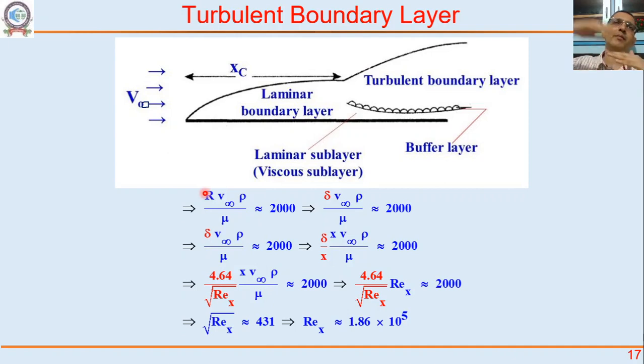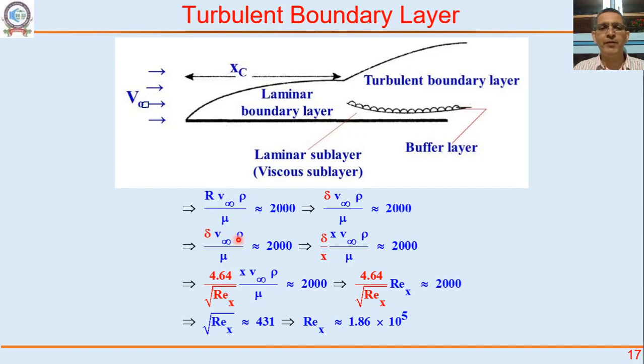Now in a pipe, Re based on the radius, which means I'm saying the boundary layer has become thick, equal to the thickness or the radius of that pipe. So I'm going to replace this R by delta. So delta rho V infinity by mu is about 2000.